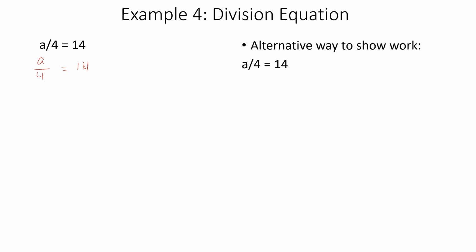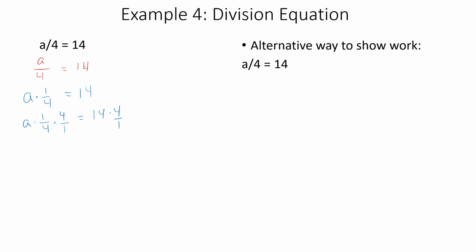A divided by 4 is the same as a times 1/4. If you're not sure about that, please check my video on division of real numbers for how to do that conversion. Now I've got that 1/4 there. I don't want that 1/4. And so we will multiply by the reciprocal of 1/4, which is 4/1, or just 4.